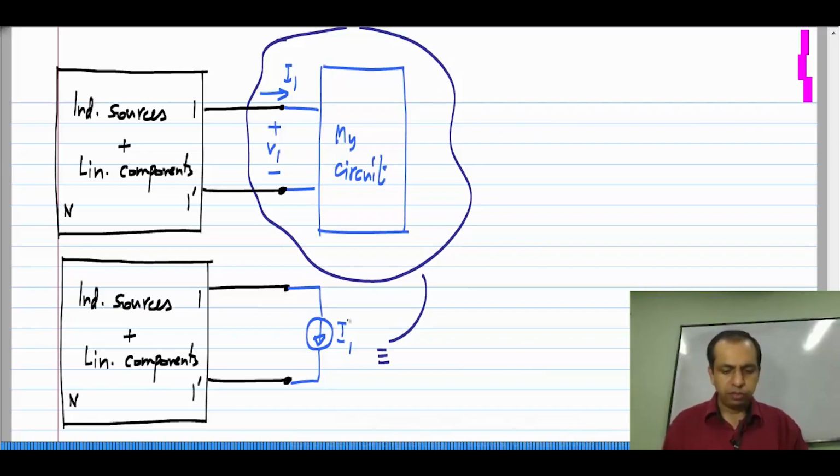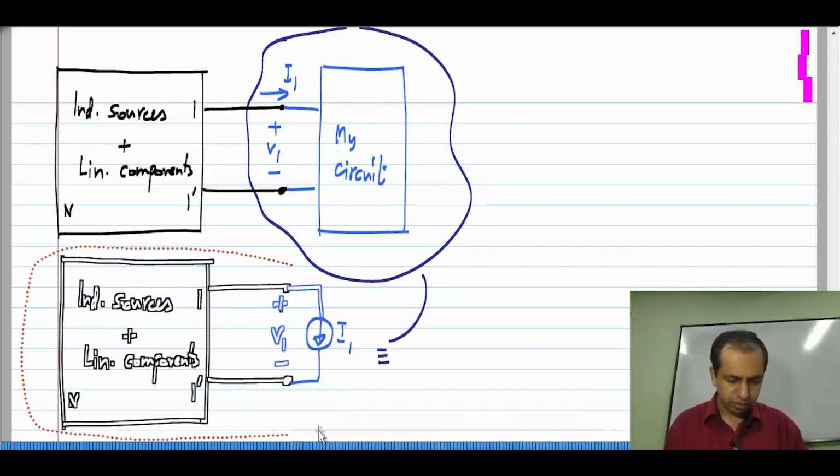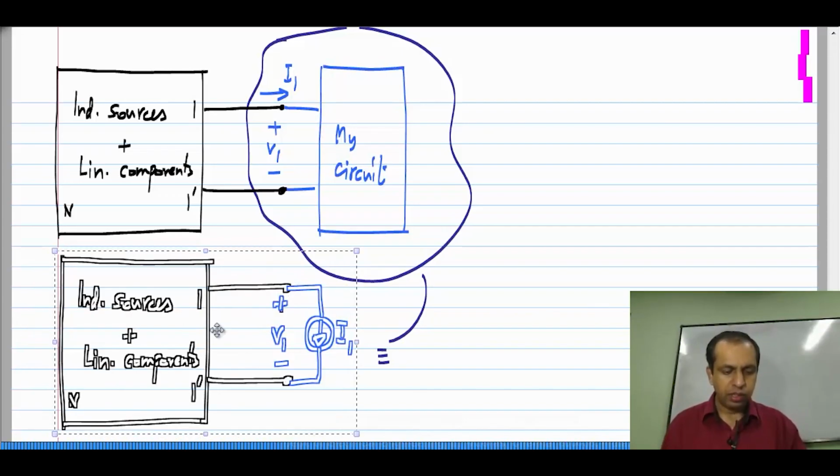Now, if I substitute it with I1, I expect that there is a voltage V1 over there. Now, let us see the relationship between V1 and I1 and what comes out.